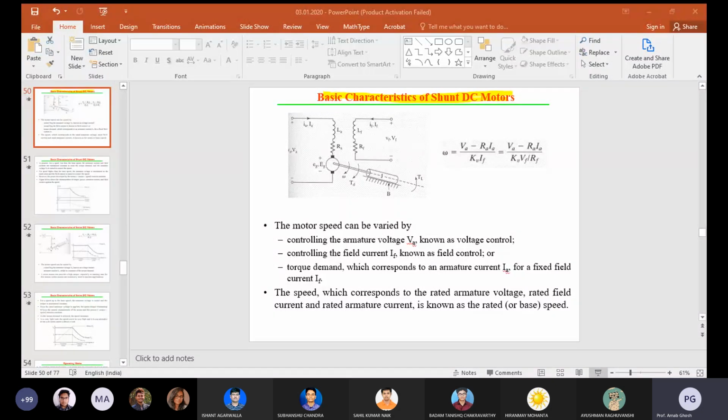Otherwise, if you change the polarity directly, the residual flux gets affected. So you need not do such work; you have to follow the standard method. This is normally accomplished by reversing the armature terminals or the field terminals. These are very important points.